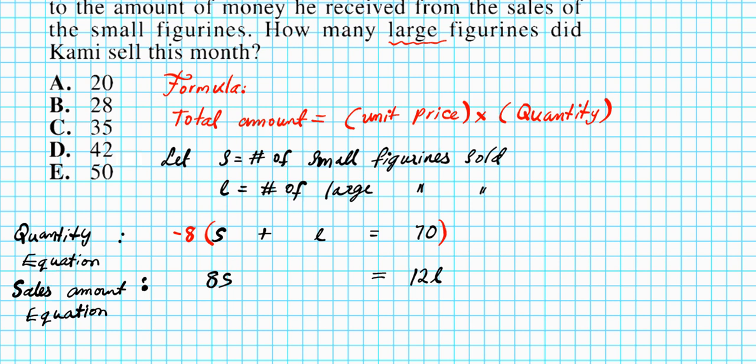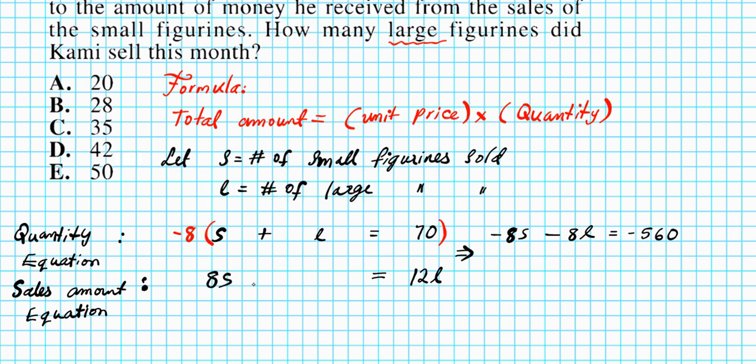So if I do that, I'm going to have negative 8S plus, oh sorry, you have to distribute the negative 8 to every single term, so you have negative 8L equals 8 times 70 is 560, and don't forget the negative, negative 560.